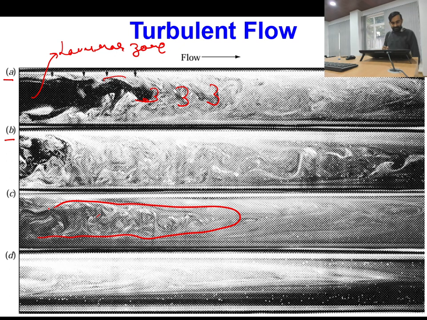Once you go far downstream of the pipe, you will find a conical portion, and in this conical portion there is a huge formation of small irregular chaotic structures, which are called turbulent eddies. This type of flow is typically called turbulent flow.